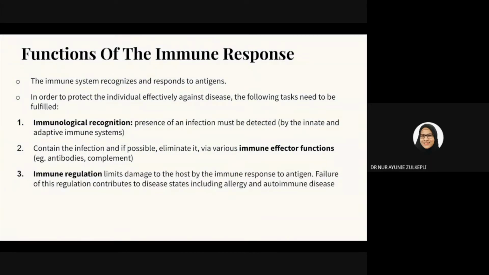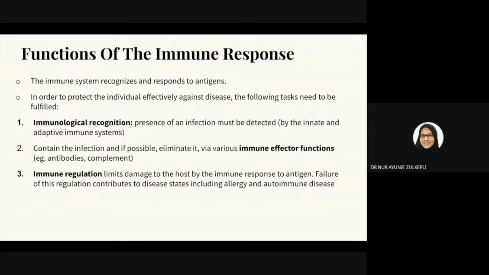And then that is when immune regulation happens. So immune regulation happens to limit damage to the host. Because sometimes, in order to eliminate or counter pathogens, our body reacts too much that it will harm ourselves.